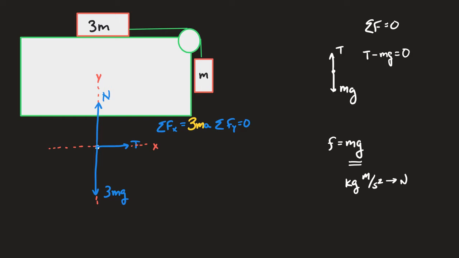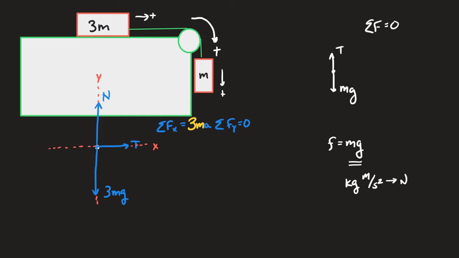So I'm just going to erase everything. Because I know the system is accelerating, it's always best to have a unified direction for positive. I'll put that unified direction around the pulley because I feel like the pulley is a good place for it. By putting a plus there, it means that anything in this direction on the mass is going to be positive, and anything in this direction on this mass is going to be positive.